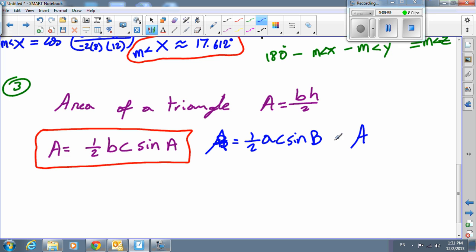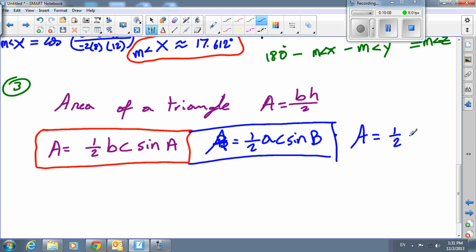And the area is also equal to 1/2 of, instead of a c or b c, b a, and sine of the angle between them. And if you have b c, this angle is C.